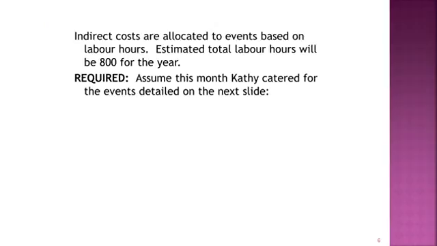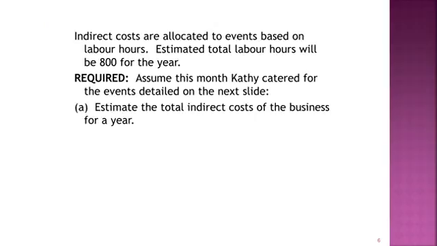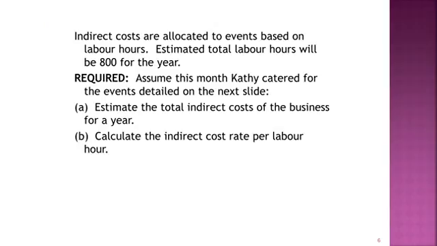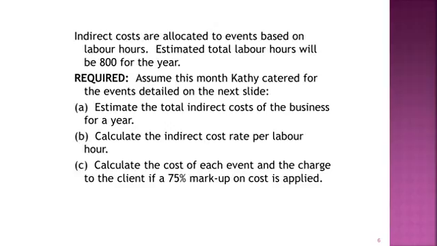What is required: assume this month Kathy catered for the events detailed on the next slide. Estimate the total indirect costs of the business for a year. Calculate the total indirect cost rate per labour hour, and calculate the cost of each event and the charge to the client if a 75% markup on cost is applied.